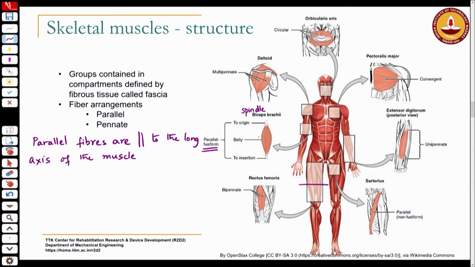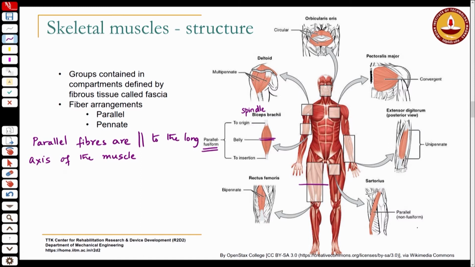You have a pronounced belly of this muscle, the middle of the muscle is bulging, it is shaped like a spindle, but all the fibers are parallel. So, you have the tendon on either side and you can see that the fibers are parallel to the long axis of the muscle.